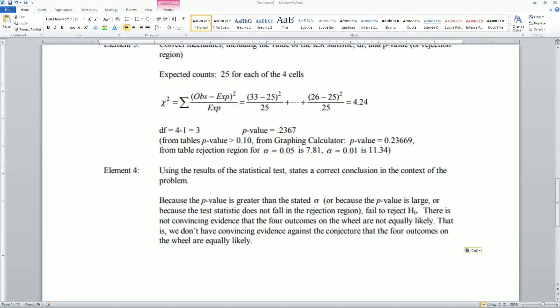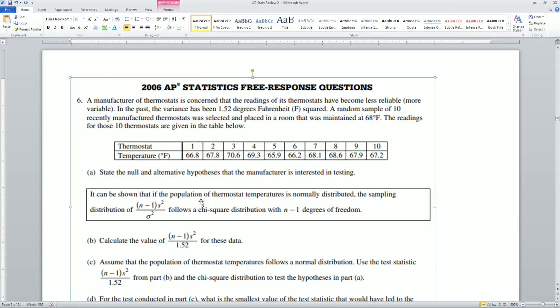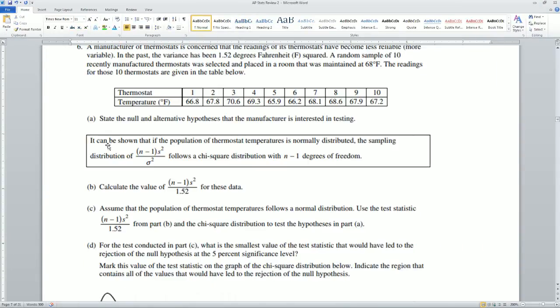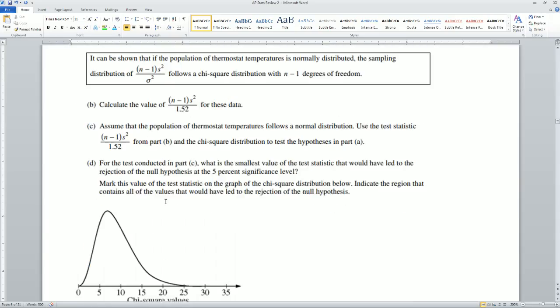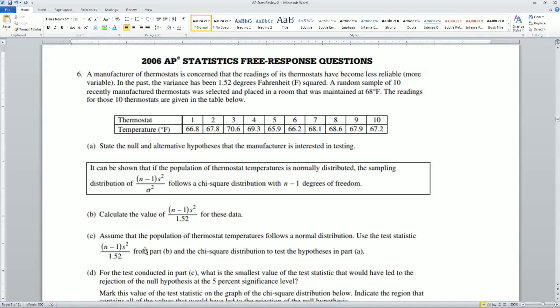Next one we are going to look at is this one, the manufacturer question. And this is the whole one.